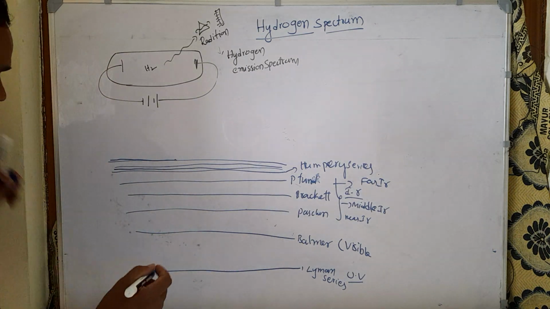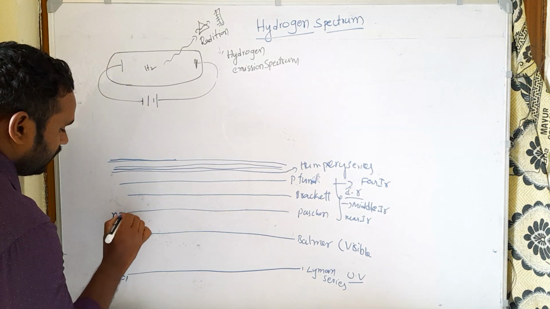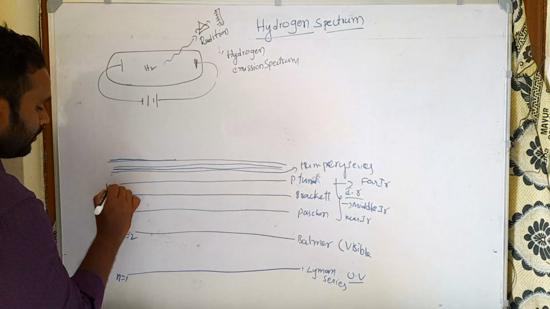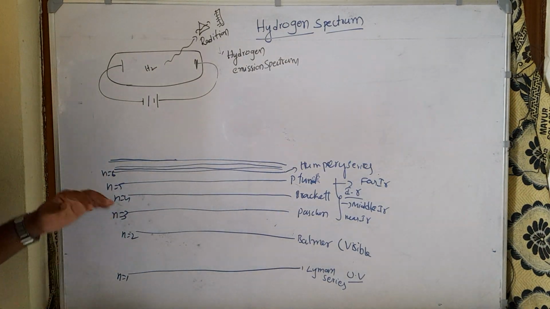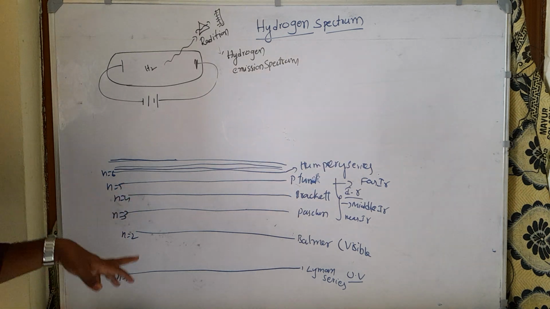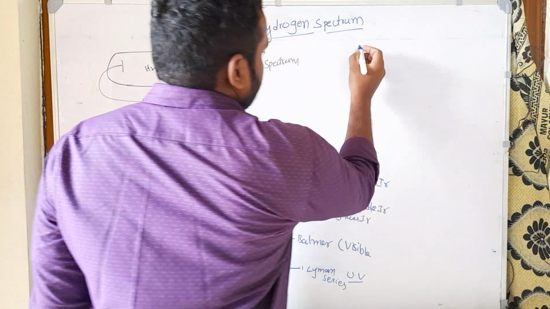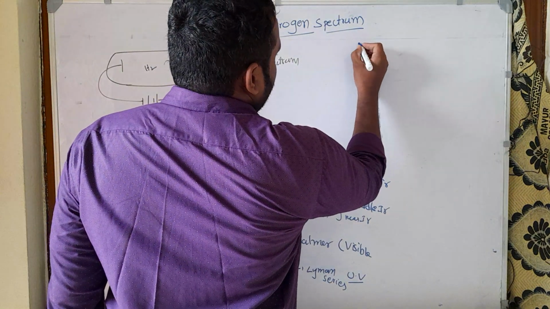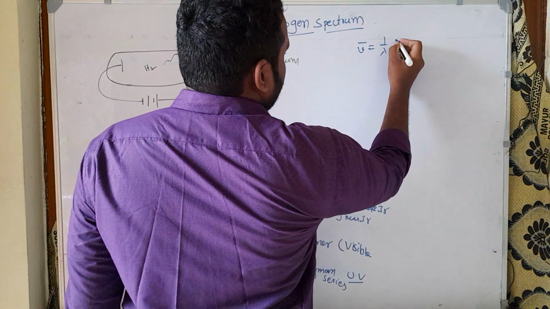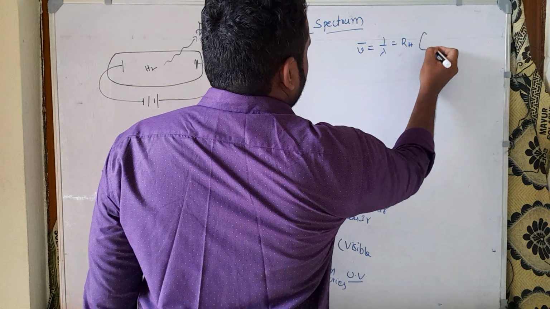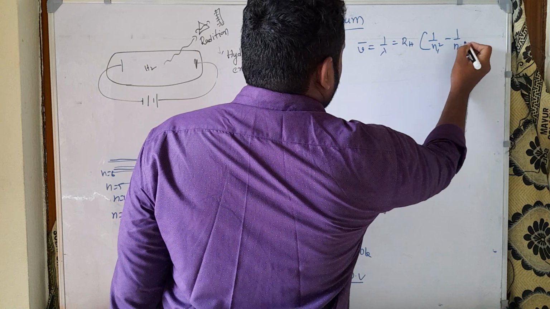For the Lyman series, n equal to 1, here n equal to 2, n equal to 3, n equal to 4, n equal to 5, n equal to 6. And here the scientist Rydberg calculated the wavelength and frequency by using an equation: nu bar, that is the wave number, 1 by lambda, is equal to RH into 1 by n1 square minus 1 by n2 square.